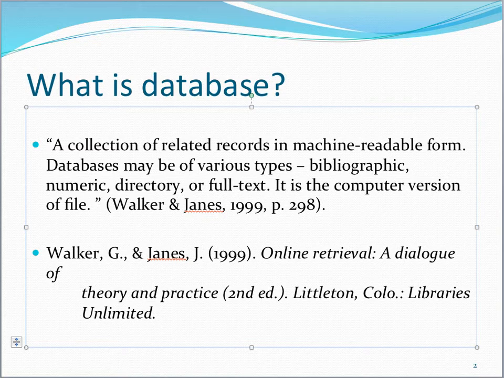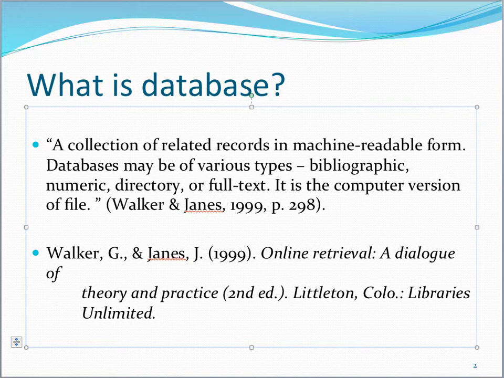In general, we can think about a database as a collection of records, of any type of records. Let's say, for example, the catalog. A catalog is a database of bibliographic records, but we must not forget that you don't have the information item as such in the catalog.